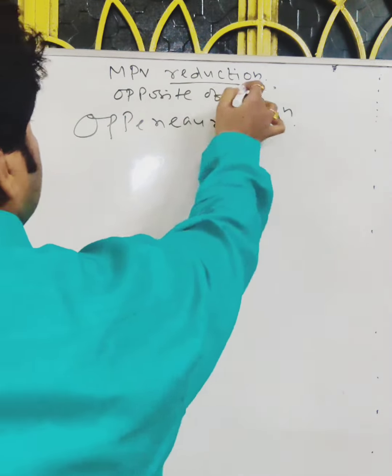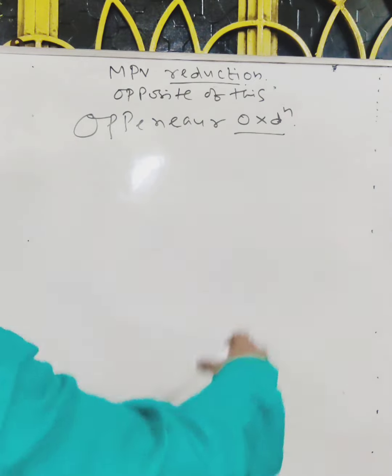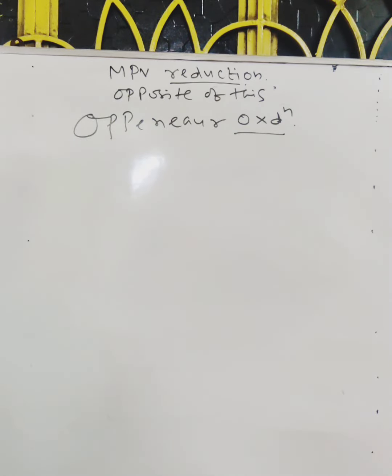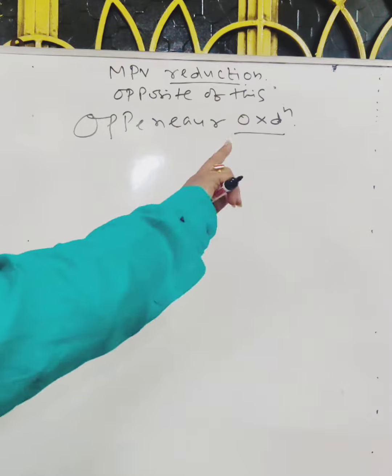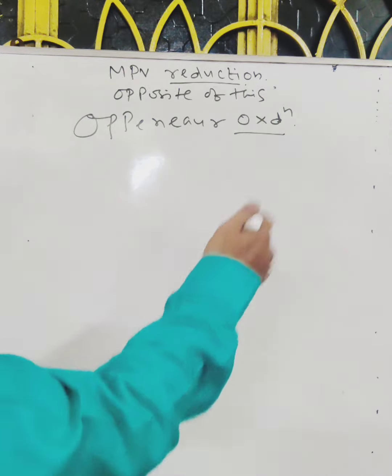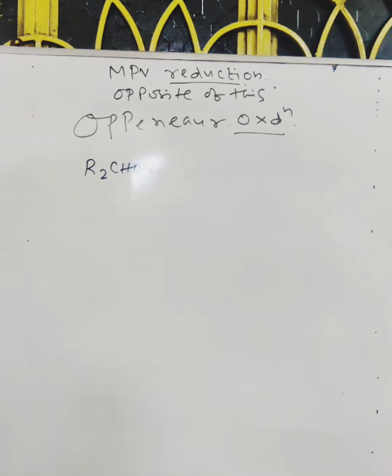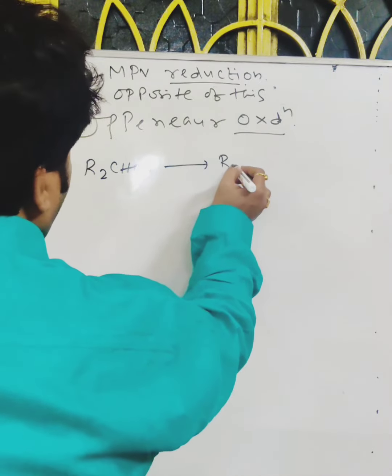Obviously reduction, so oxidation. What is happening in this particular reaction? What are we supposed to get? So think about it. What is the opposite term of this? You will have a secondary alcohol, like R2CHOH, correct? You will convert it to R2CO.